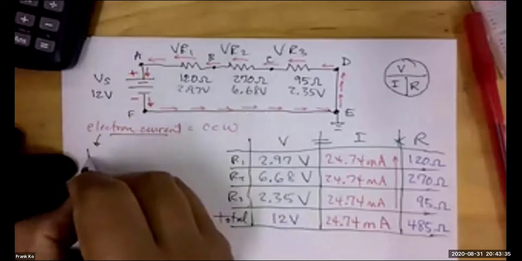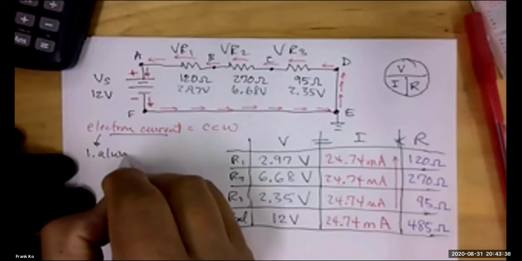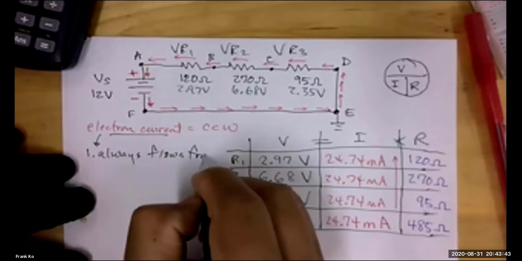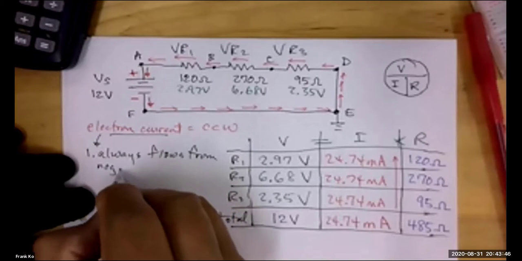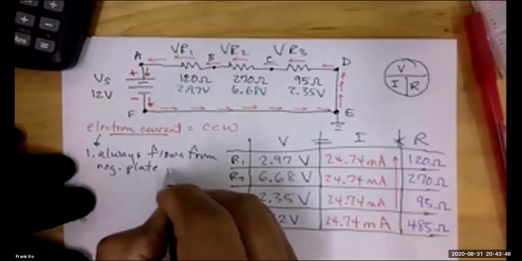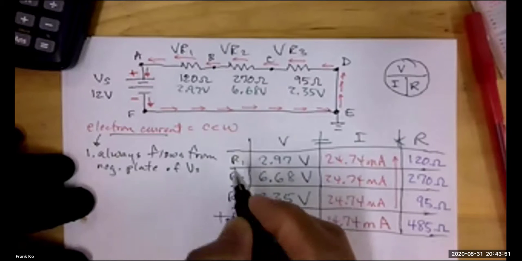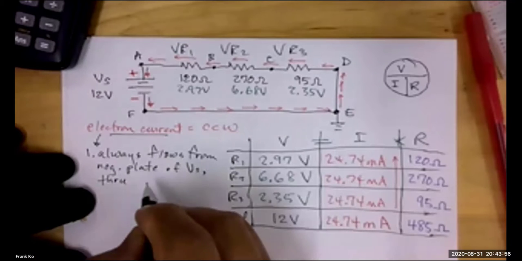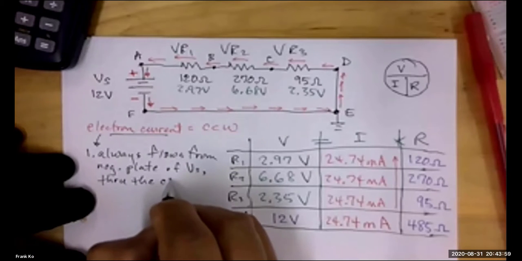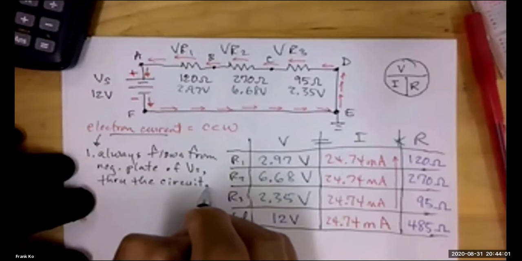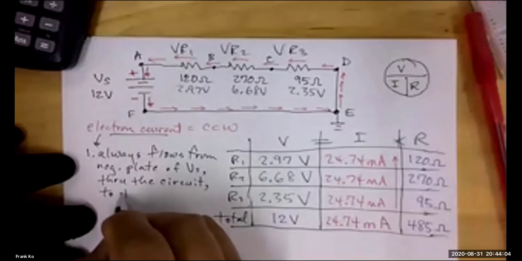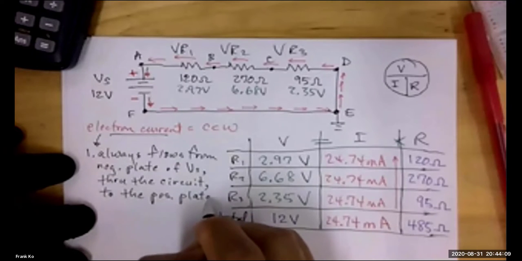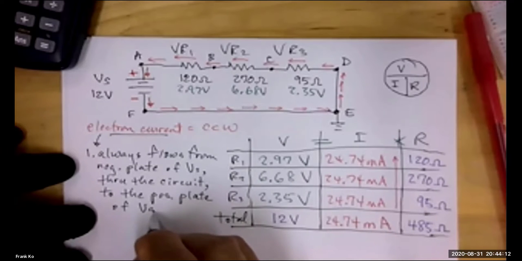Electron current, number one, always flows from the negative plate of your VS voltage source, through the circuit, to the positive plate of VS.